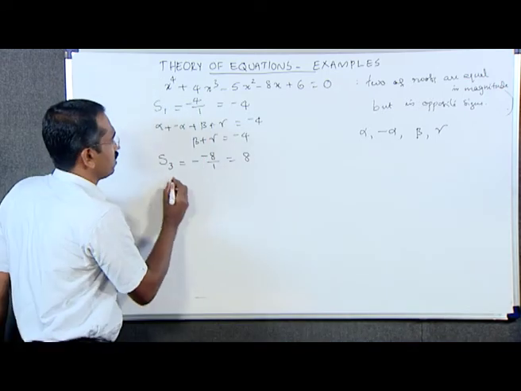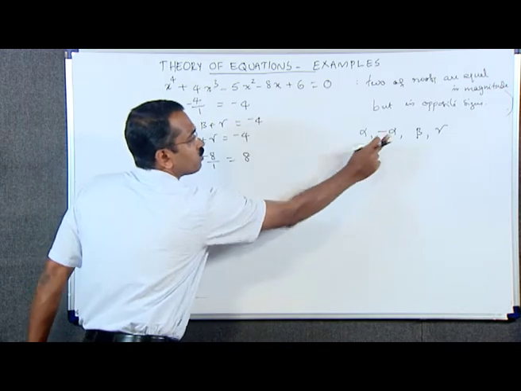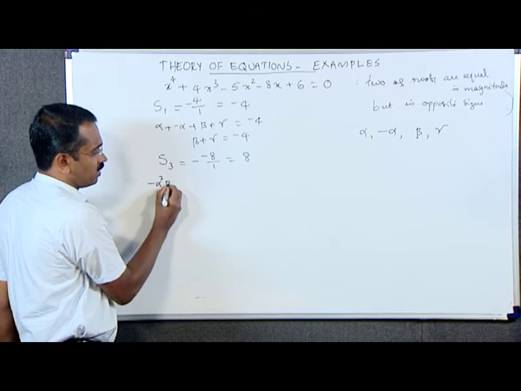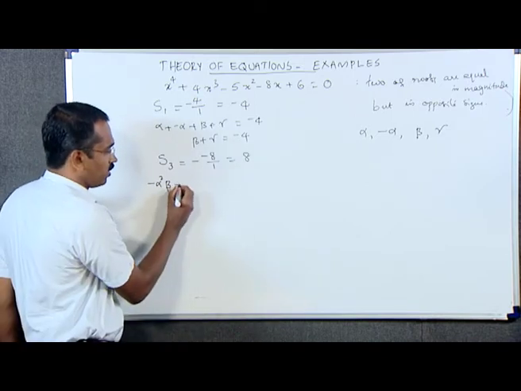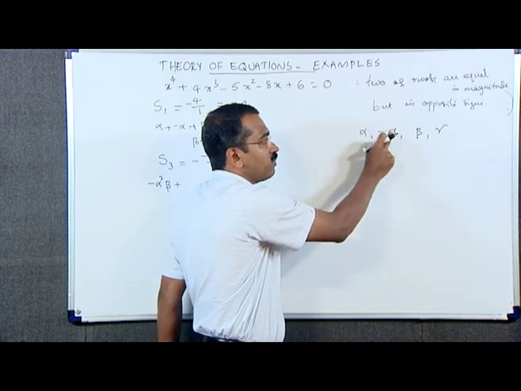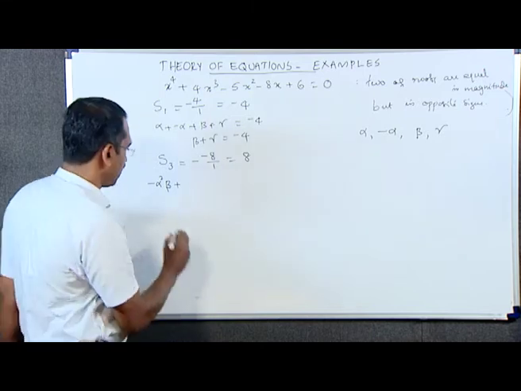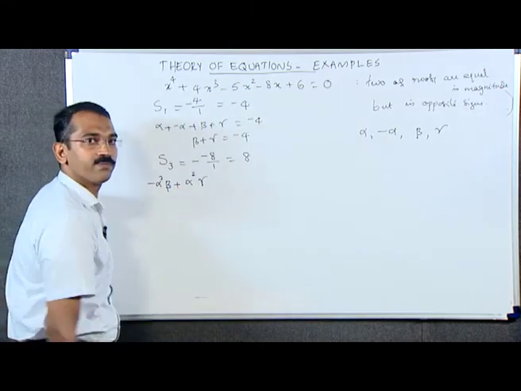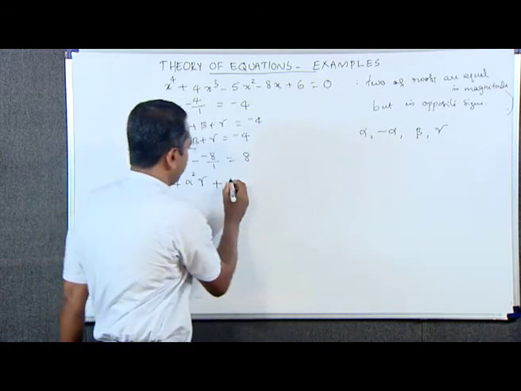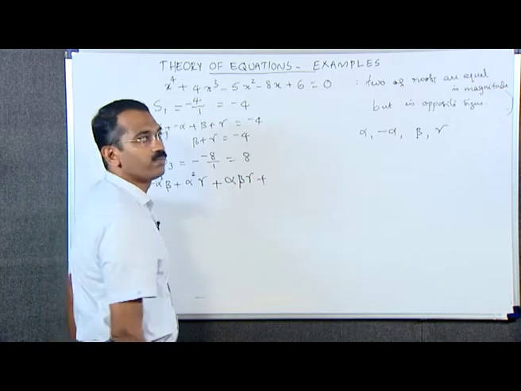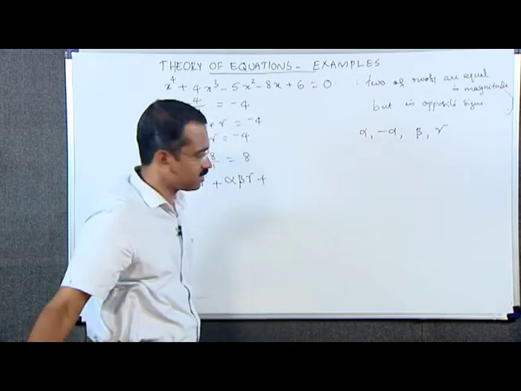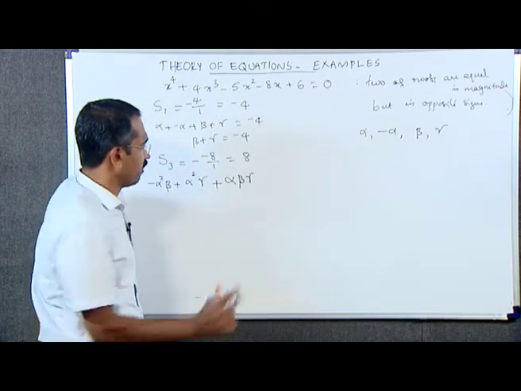Therefore, we can write S3 as alpha into minus alpha into beta, that is minus alpha square beta, plus alpha into minus alpha into gamma, that is minus alpha square gamma, plus alpha into beta into gamma, plus minus alpha into beta into gamma, that is minus alpha beta gamma.